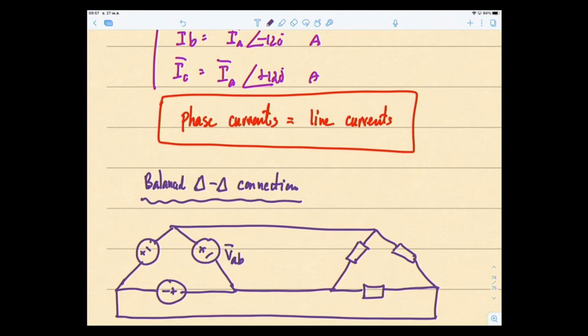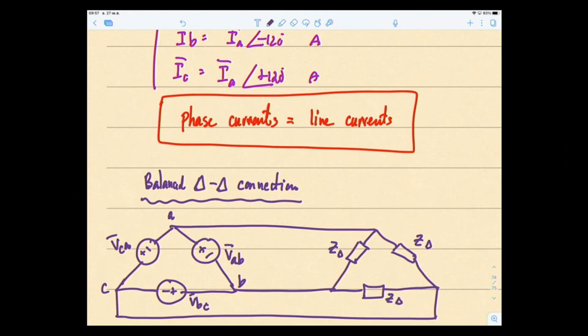VAB, VB, this is B, this is A, this is C, so VBC, and this between VCA. Please try to remember it's like A to B, B to C, and back, C to A. And this also has a delta load right here, balanced, so the value of the impedance at the load is the same.